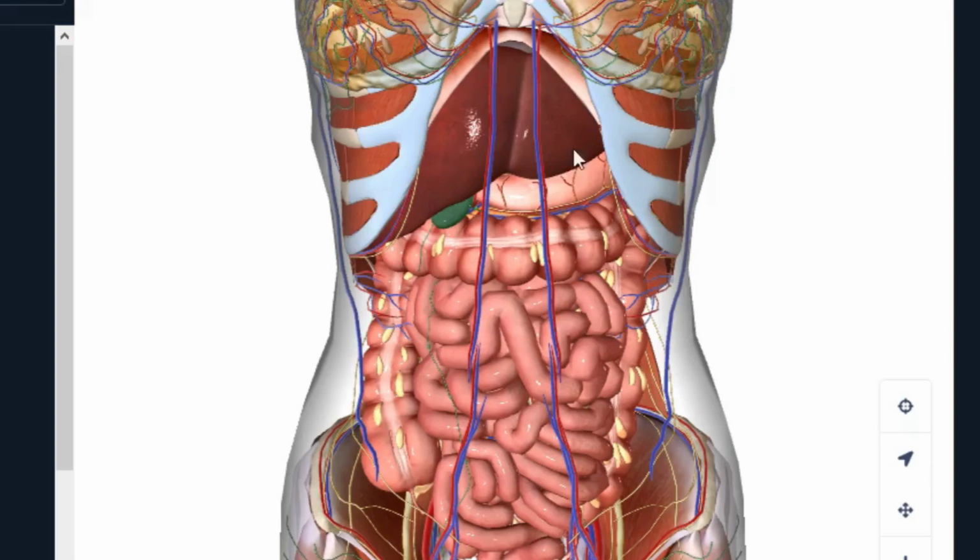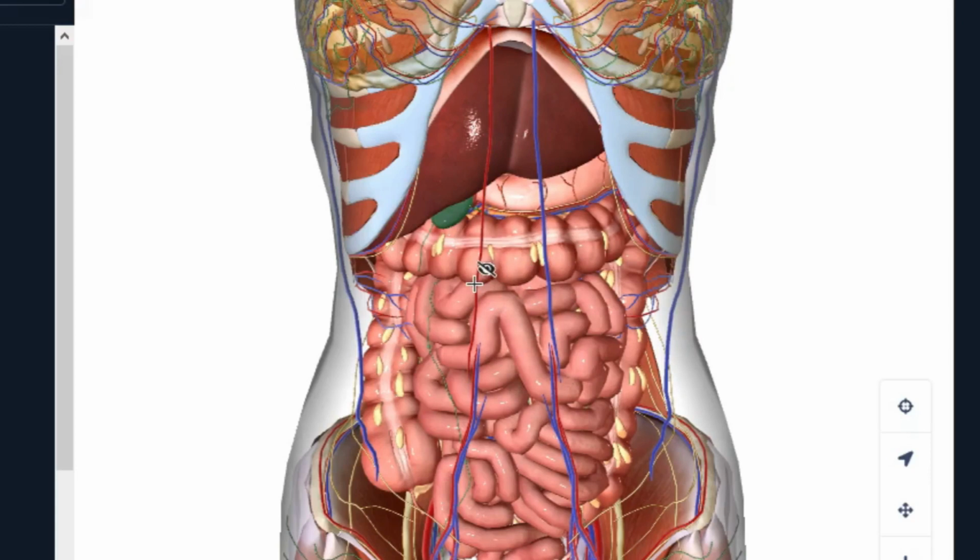Before approaching the duodenum, we should know how the organs are oriented to understand the relations of the duodenum in a clear way. Anteriorly here we can see the bigger organ, the liver, with right lobe and left lobe. First we are going to approach the relations of the anterior aspect of the duodenum.